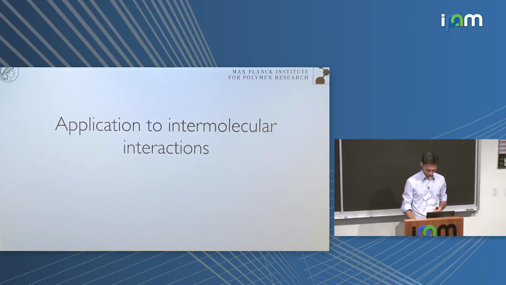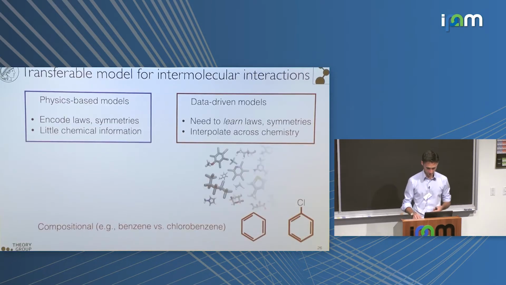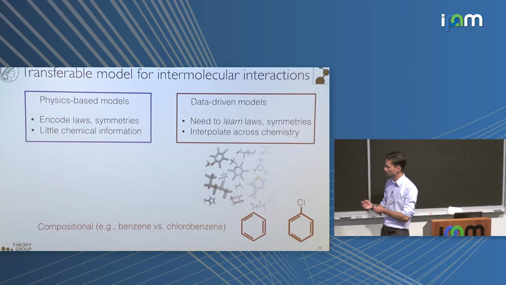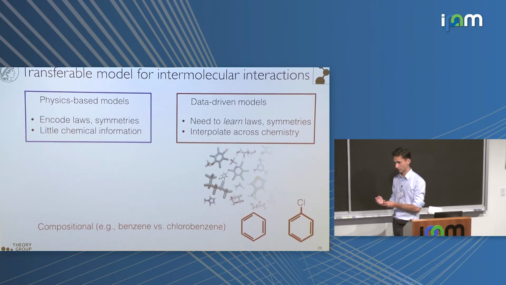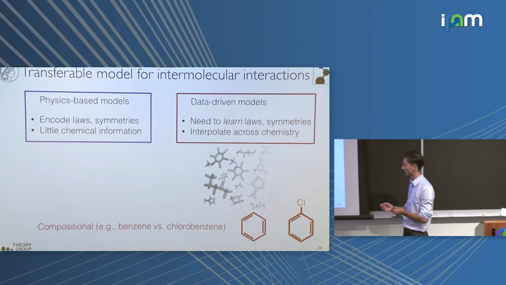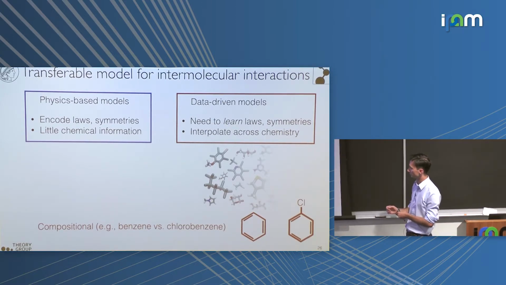Okay, so I'll show you an example of how we use this in terms of intermolecular interactions. I'll show you a quick example where we're interested in trying to learn intermolecular interactions. This is what I was mentioning at the beginning, for a large number of molecules.